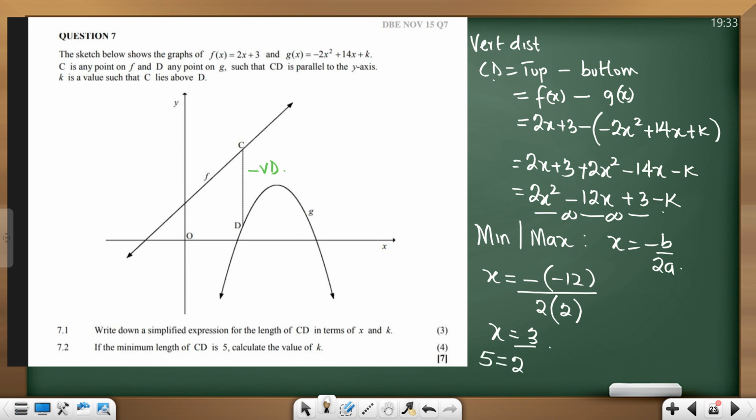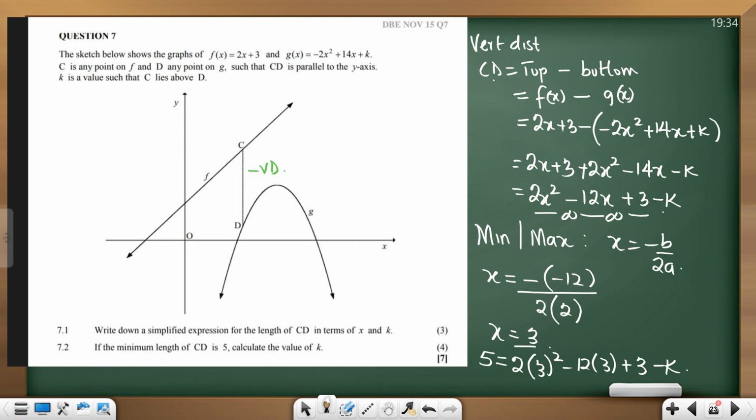Now I know CD, the minimum length. 5 equals 2 times 3 squared minus 12 times 3 plus 3 minus k. The only missing value is k. Please, everybody get me k. So, this is grade 11 now.